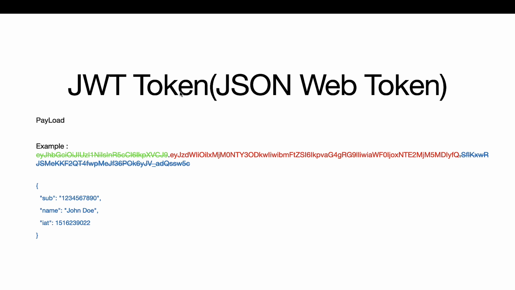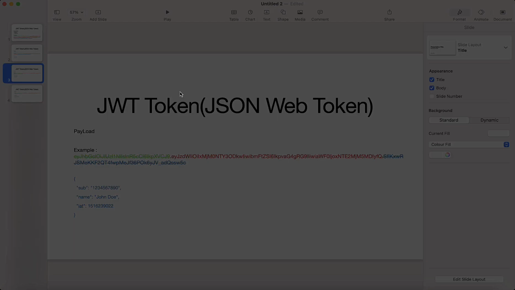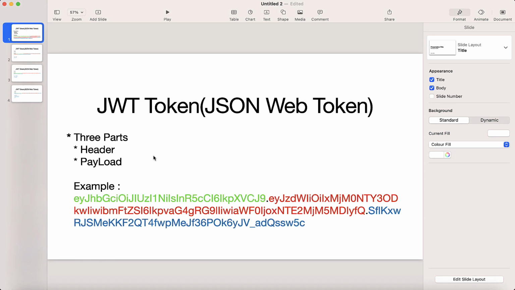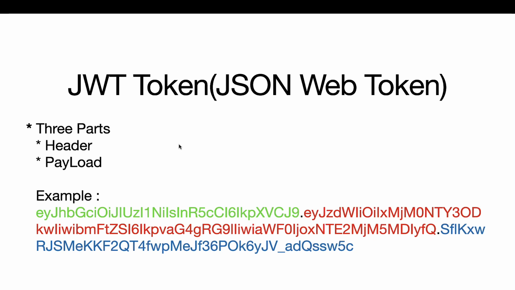If you see the structure of the JWT token, it's nothing but a string, and it has three parts. So sorry, I was on the third slide. The first part is the header, the second is the payload, and the third one is the signature.